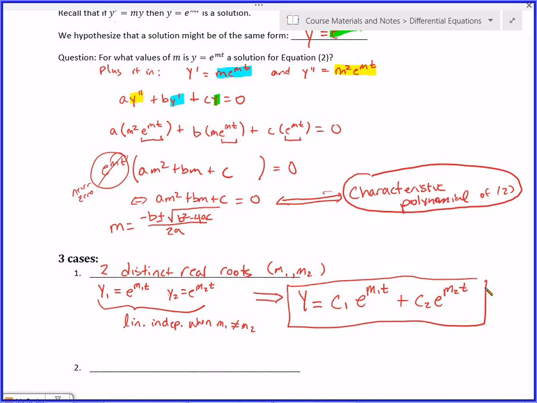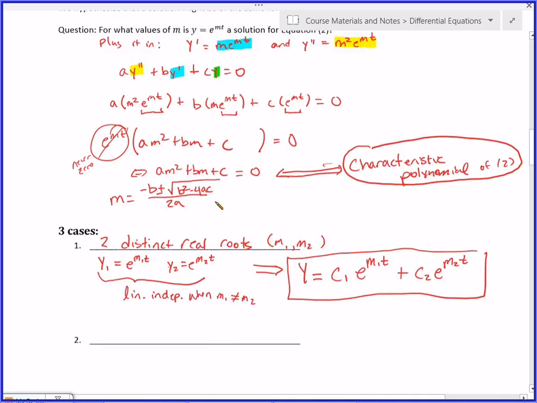There's actually no calculus or differential equations involved at all in solving a second order linear ODE with constant coefficients. All you're really doing is solving a characteristic polynomial, which is a quadratic equation, and then writing down the answer. Done. Easy peasy.